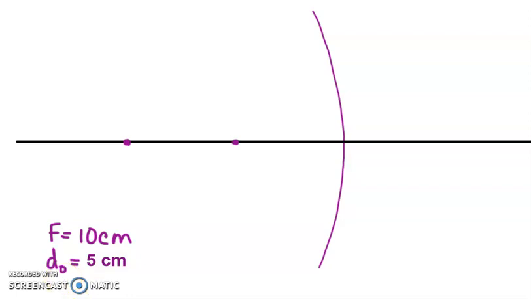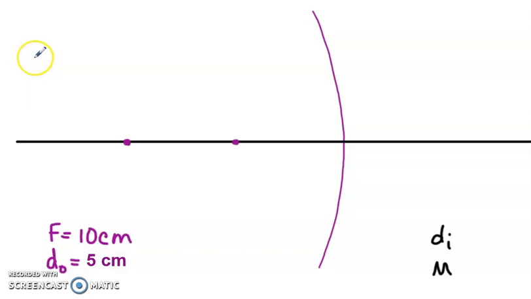Find the DI, that's what we're going to be looking for, the distance of the image, and also the magnification. Also tell me whether this is a real and inverted image or a virtual image that is upright. So we're going to draw that ray diagram to help confirm it.